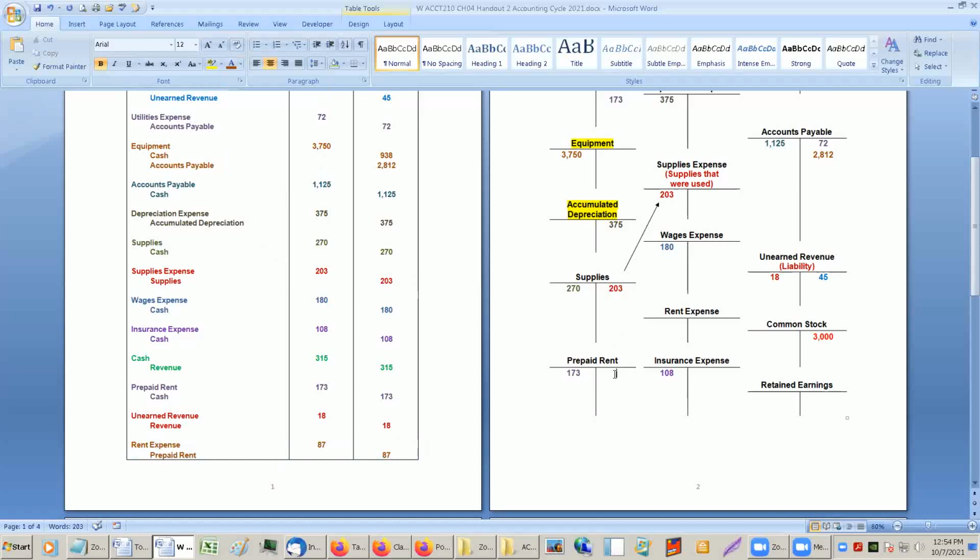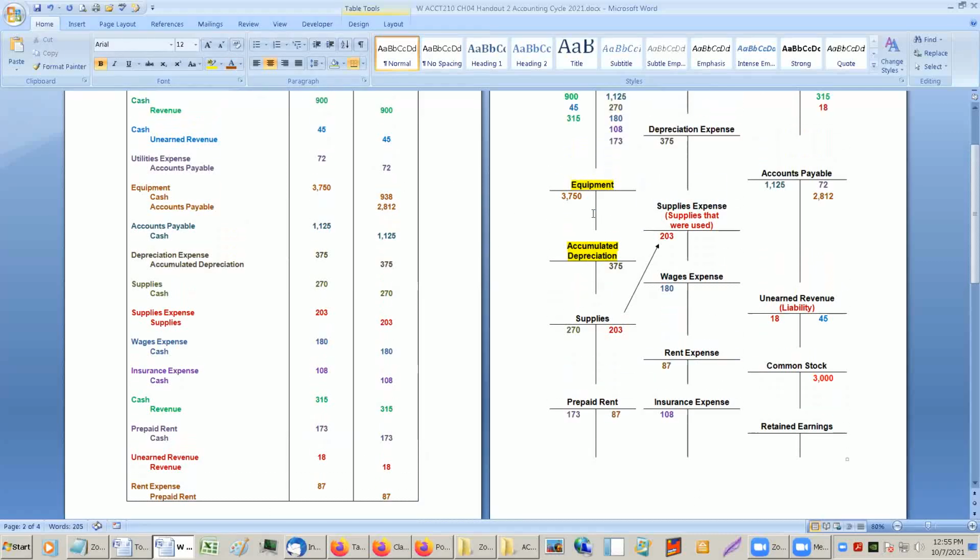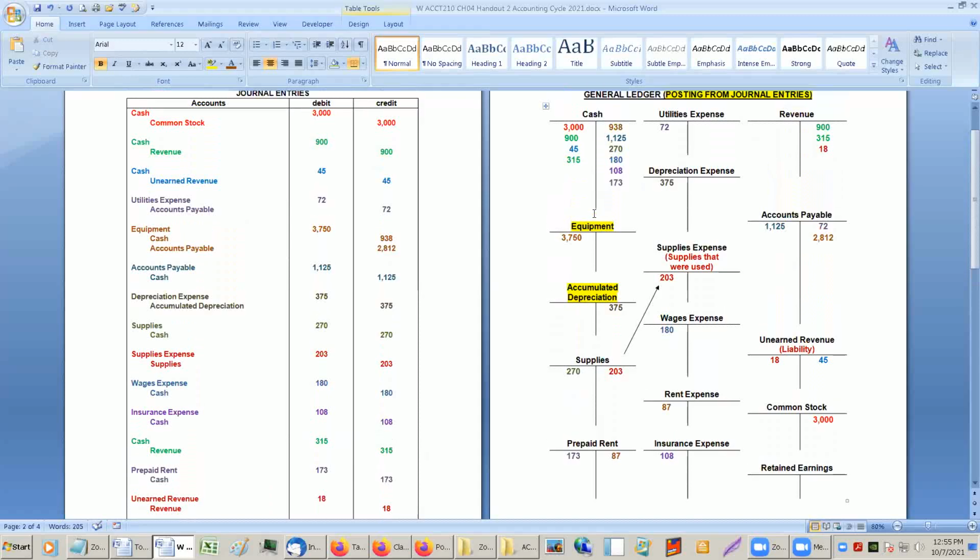Okay, so prepaid rent is, and the rent expenses are always debits. All right, so I think that's it, right?